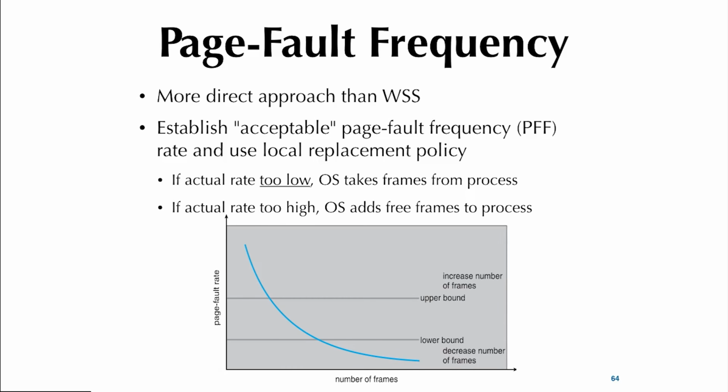So I hopefully balance this out, and by giving it more frames, I have more chances of reducing its page fault frequency, right? And remember that there's Belady's anomaly, right? Giving it more frames doesn't guarantee it's going to lower its page fault frequency if you use a FIFO type of replacement algorithm. But a lot of other ones, LRU and so forth, will not have Belady's anomaly.